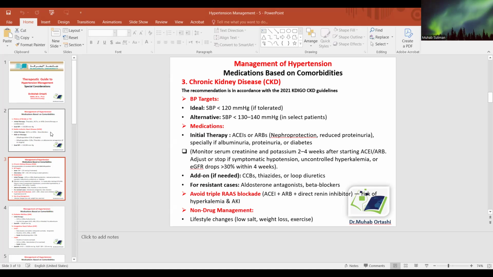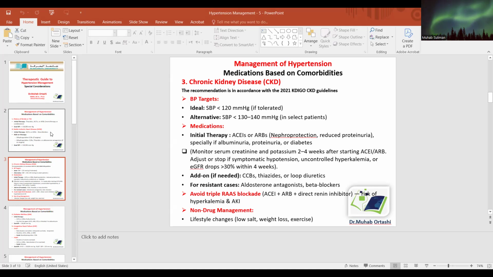But here we have to pay attention, this drug can decrease the renal function. So we have to do a renal function test for the patient before, and we have to monitor the renal function test for the patient.